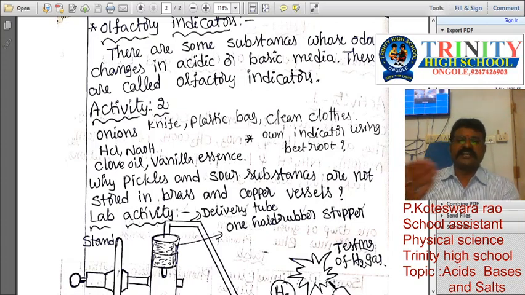Next day we can take the plastic bag, open it, and remove the clean cloths or cloth strips. Now they are used as indicators.